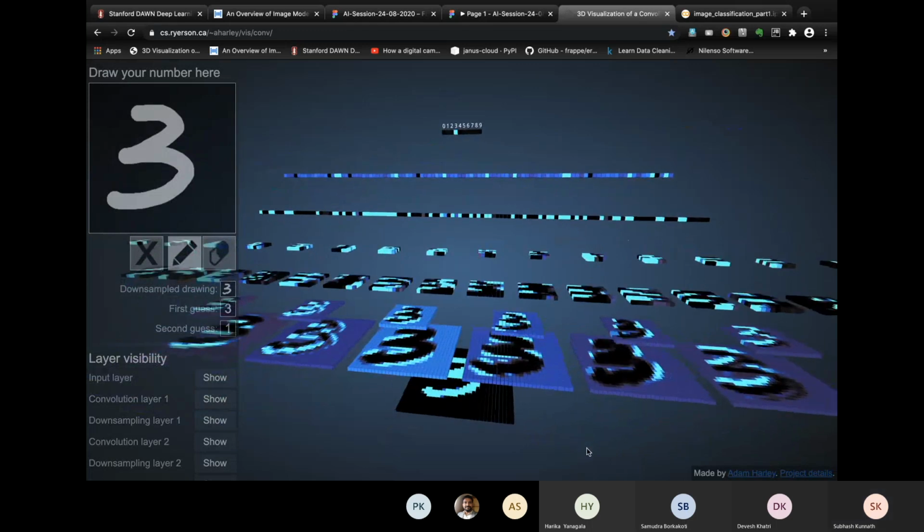The bottommost is the input layer, where the pixel information from this drawing has been directly taken, and above that there are 1, 2, 3, 6 next layers, the first level layers. Each of the individual blocks in these layers is known as a neuron, and each neuron has a receptive field.